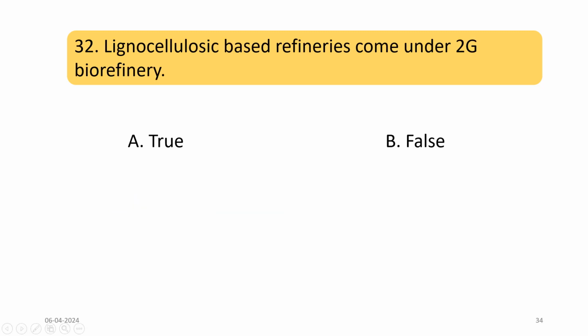Next question. Lignocellulosic based refineries come under 2G biorefinery. So we have just said that 2G biorefinery is referred as a forest biorefinery. So all the non-edible materials can come under the 2G biorefinery, and under them obviously the lignocellulosic based biorefineries are there. That means in the forest we could get the wood and the leaves of the tree, right?